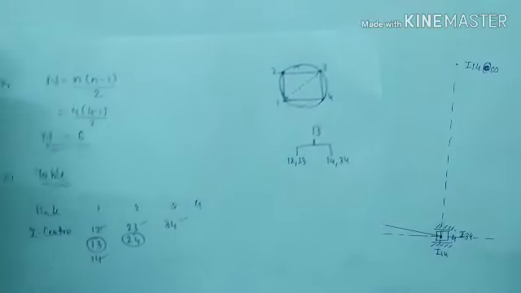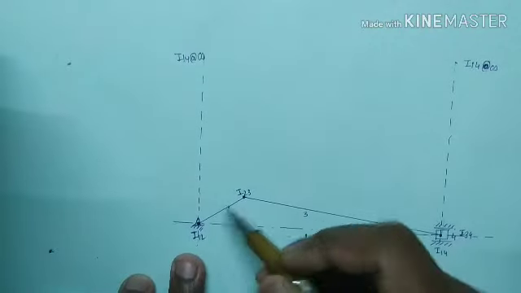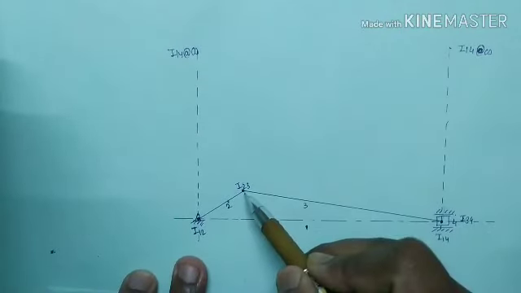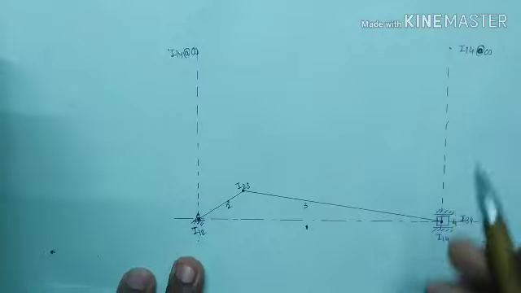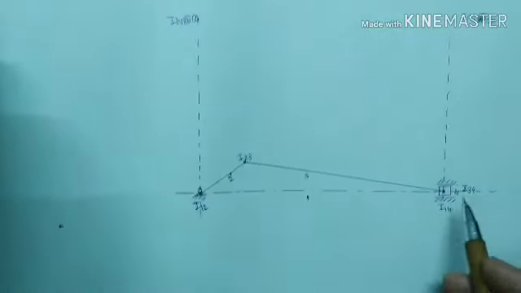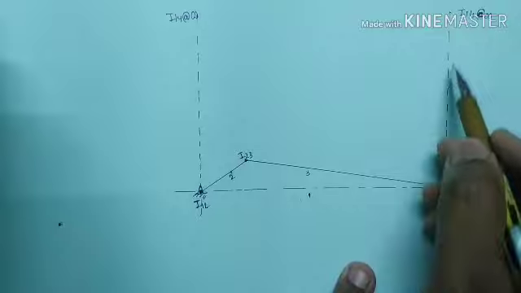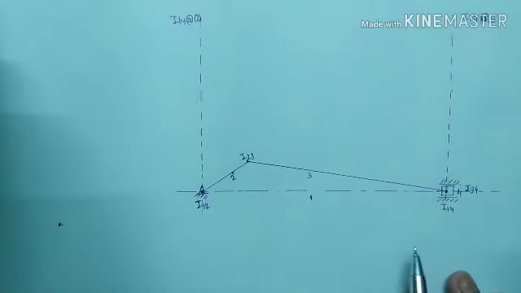So 1 2 is here and 2 3 is here, extend this particular line such that it will join 1 4 and 3 4. So we have to locate 1 4 and 3 4. This will be my 3 4 and this is my 1 4, which is going up to infinity.